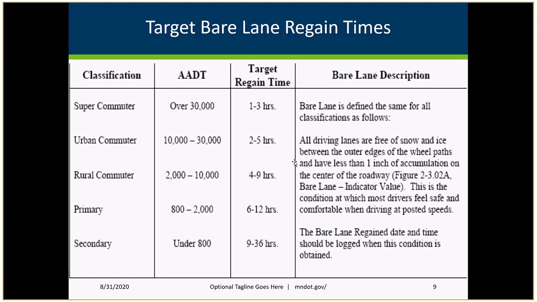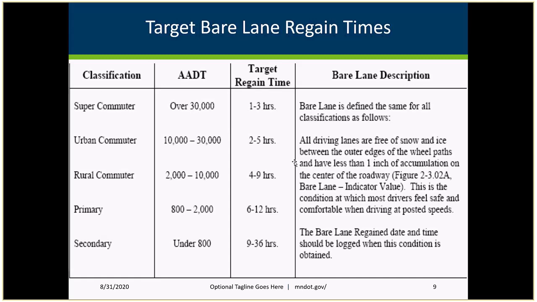I wanted to show an example of the target bare lane regain times for all five of our levels of service for our routes across the state. Some districts may not have all different levels of service classifications, but you at least have some of these. For instance, if you've got a super commuter over 30,000 ADT, traffic per day, 1 to 3 hours is the regain time we're shooting for.